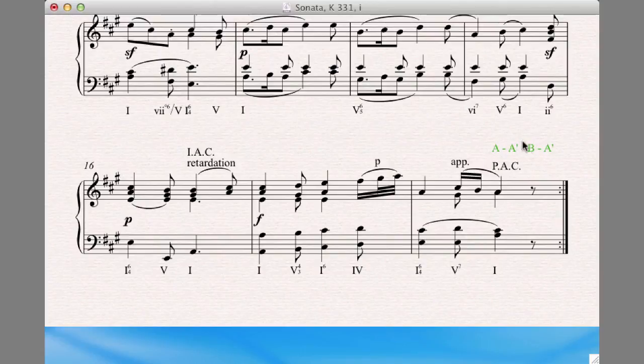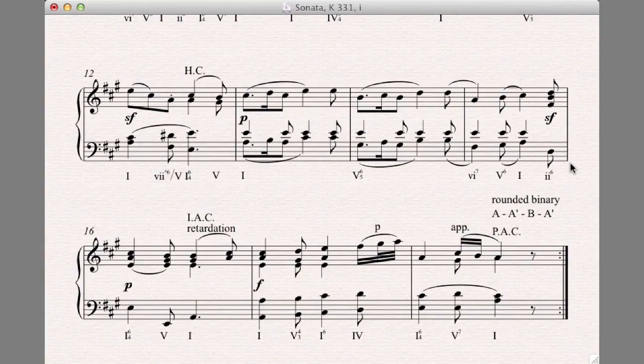We get this A part and this B part, but in this B part, we get the A again. And a form with this structure is what we call a rounded binary. Let's look at the name. Binary because it's two parts, an A part and a B part. Rounded because in the B part, you get a return of the A part.